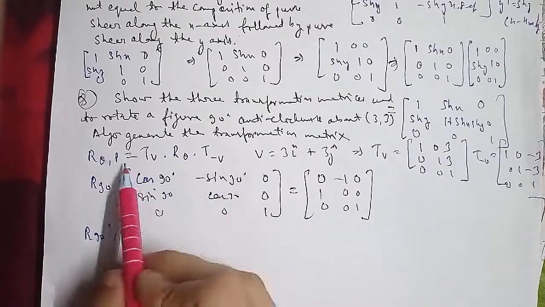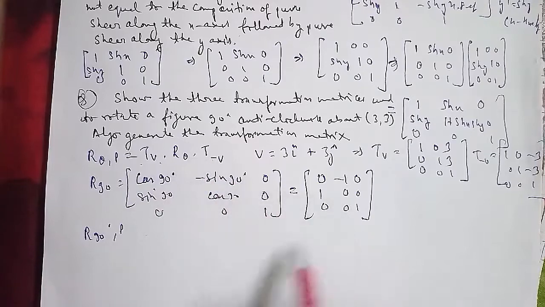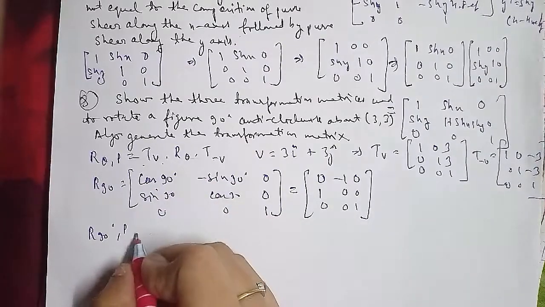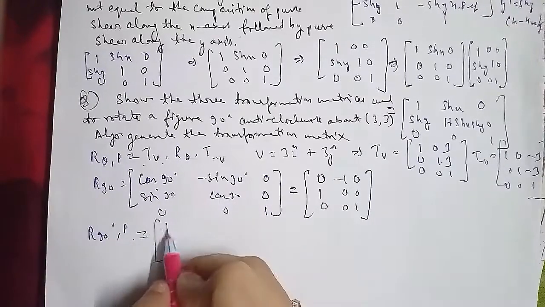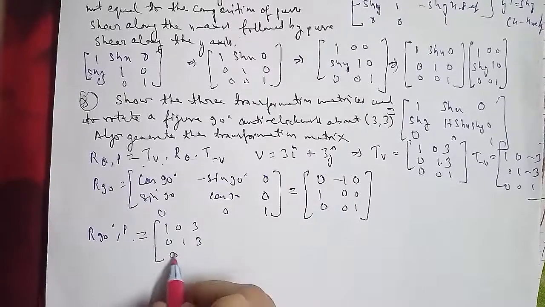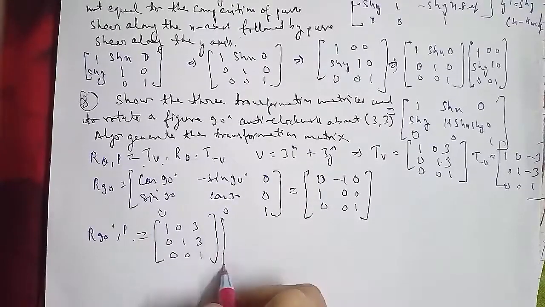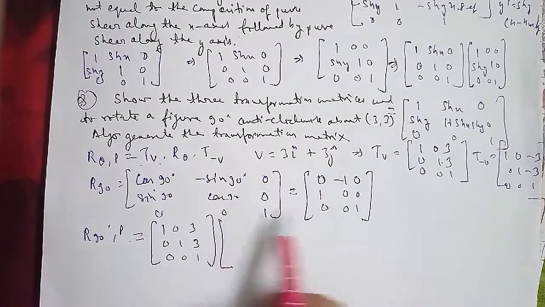That will multiply with the matrix 0 minus 1 3, 1 0 minus 3 and 0 0 1, and that we will find out. For that it is 0 minus 1 6, 1 0 0 and of course 0 0 1 here. So that is what we'll be finding out.